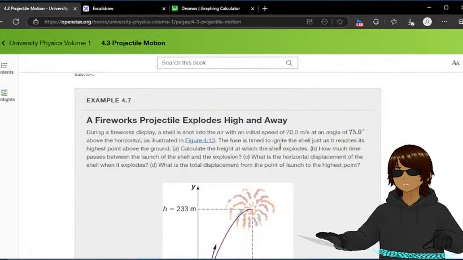Calculate the height at which the shell explodes.